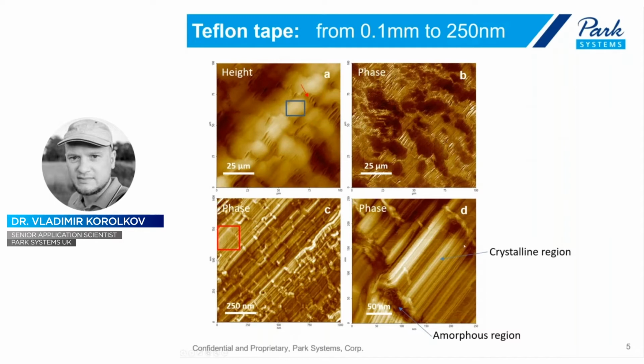And these lines, as we see later, correspond to the direction of molecules as well. But at the same time, we can equally see a very good resolution on the amorphous region that connects those crystalline regions.